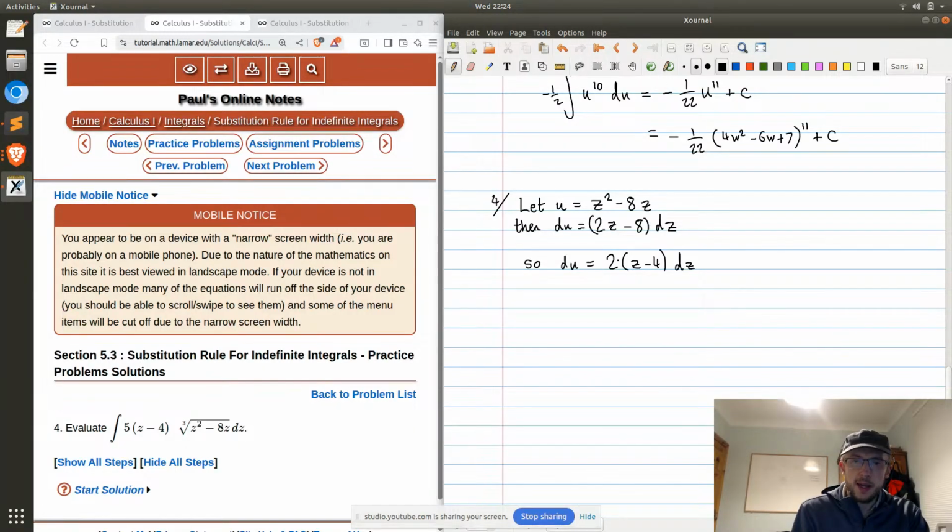And then we need to think, how do we turn that 2 into a 5? We multiply both sides by 2.5, or 5/2 if you like.